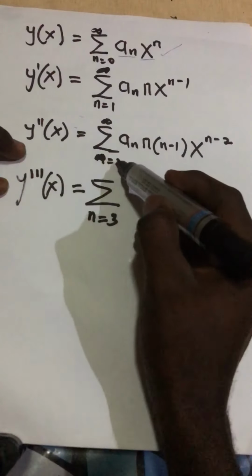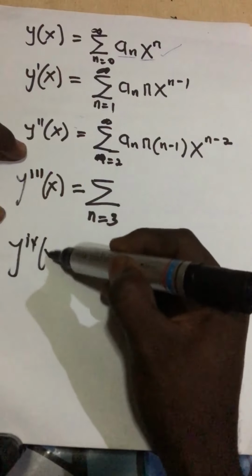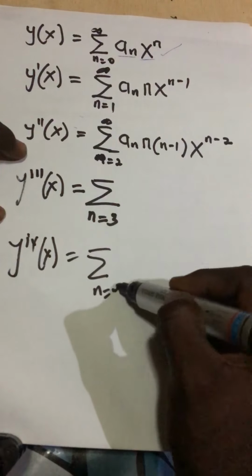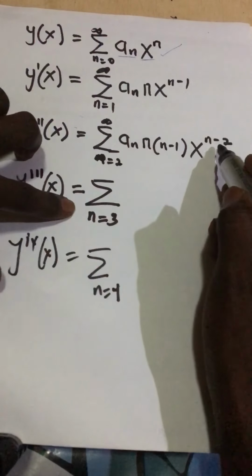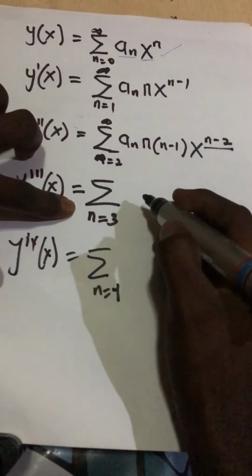The second derivative started with 2, the first one with 1, and the initial with 0. If we are taking the fourth order, the index will start from n equal to 4. The same thing, we use the exponent to multiply the series. Are you okay?